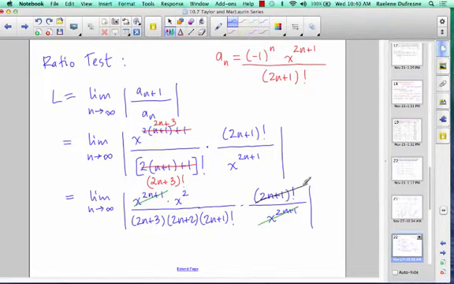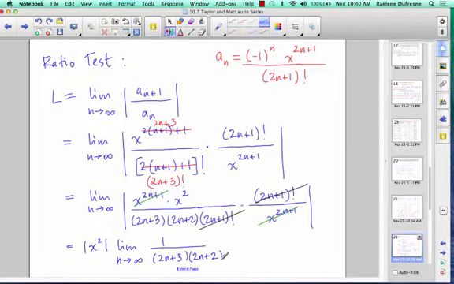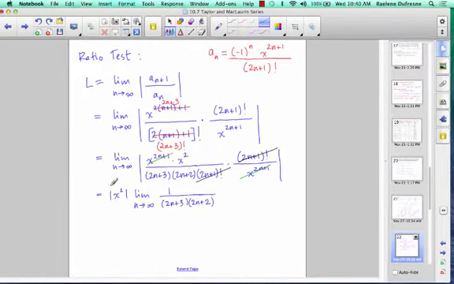We can reduce 2n plus 1 factorial top and bottom, and we can take the absolute value of x squared in front of the limit, whose variable is n, and we are left with 1 over the product. We don't need absolute value since n is positive, or at least non-negative. And furthermore, we don't need absolute values around the x squared because x squared is a non-negative expression, and we see that we get x squared multiplied by the value of this limit.